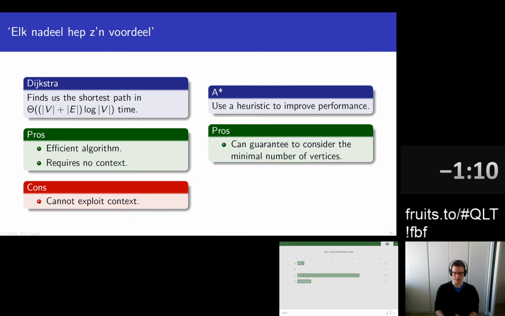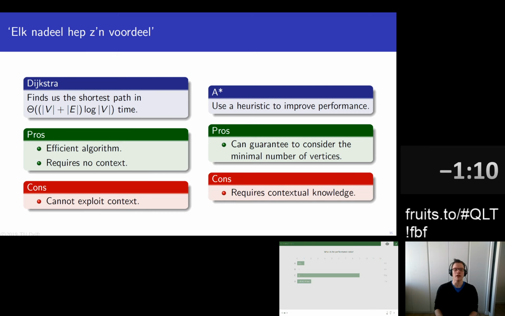And that's great, because if I have a good heuristic, I can consider far fewer vertices and thus be done quicker. My asymptotic runtime will remain the same, but given a good heuristic, I will consider fewer vertices and therefore become faster. But that has a major downside. I need to have this contextual knowledge to produce a good heuristic.